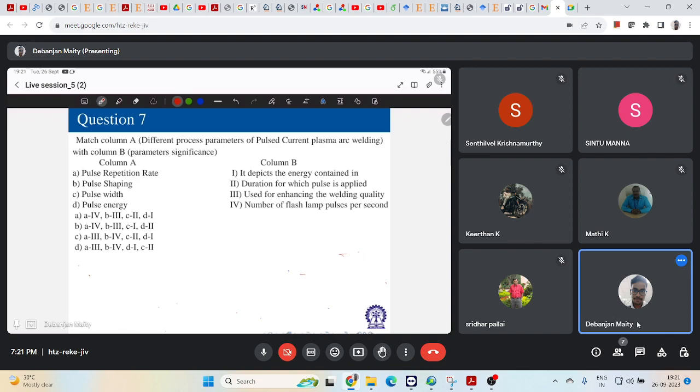About this one. How will be the characteristic basically of the pulsed current in plasma?